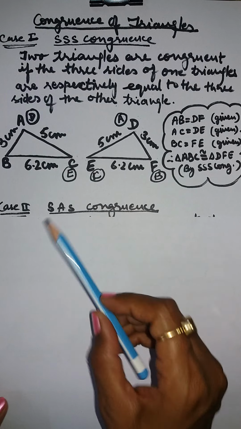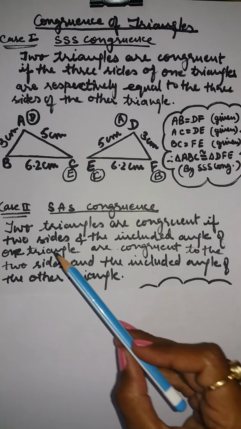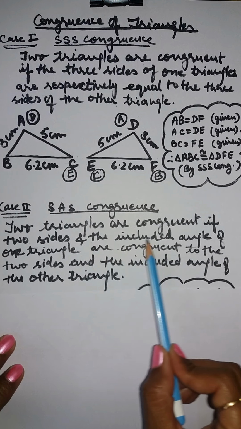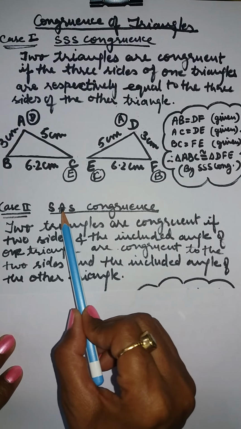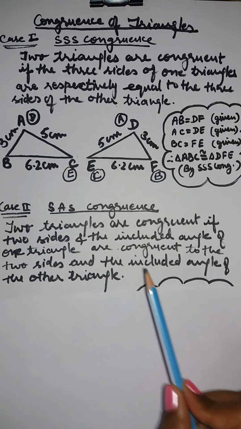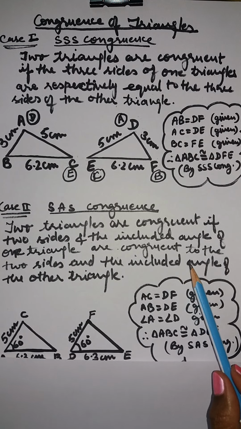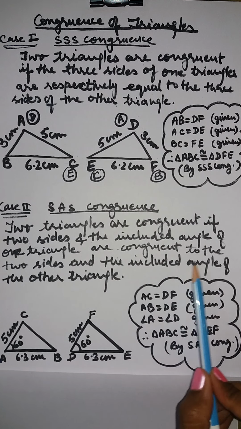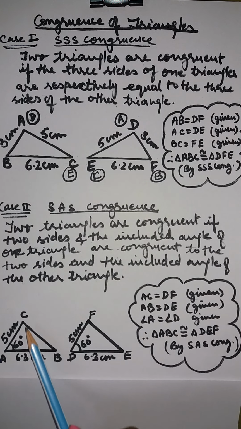SAS congruence. Two triangles are congruent if two sides and the included angle of one triangle equal the two sides and the included angle of the other triangle.